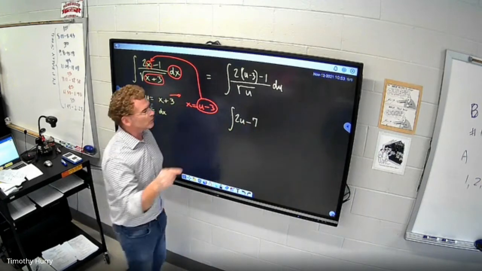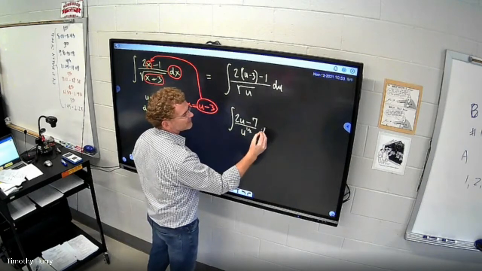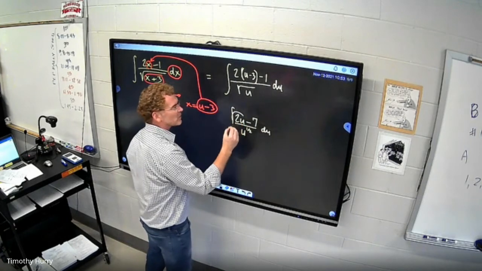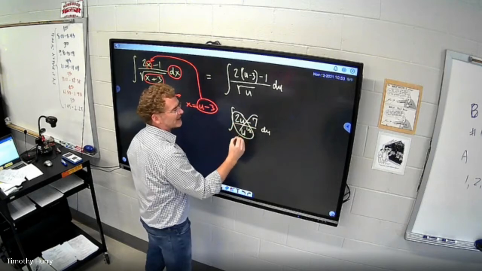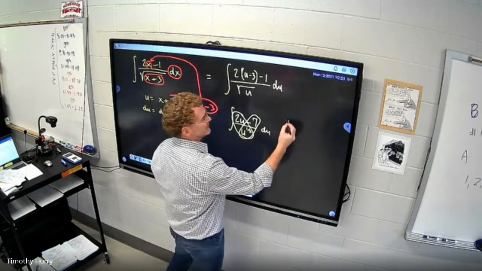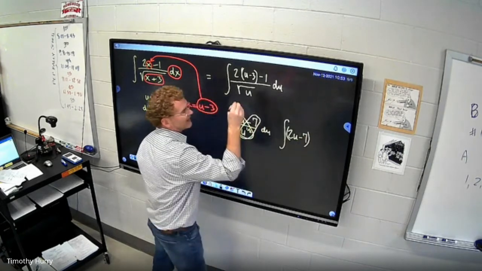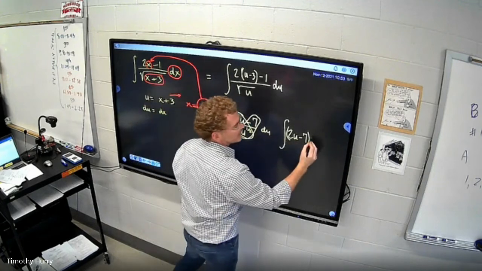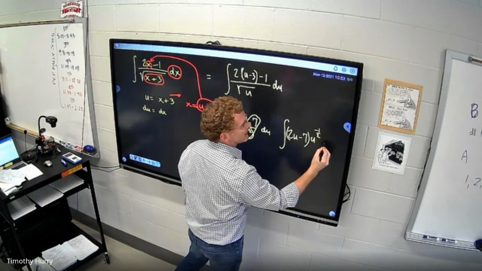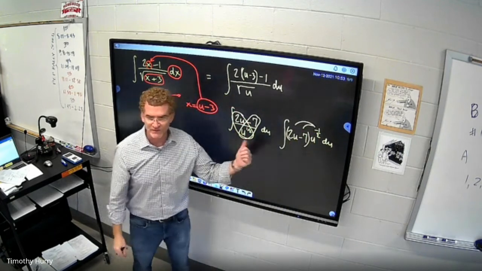You tell me, would you rather deal with a u to the 1/2 in the denominator and then think this way? How do I divide by like bases? Or would you rather think this way? A 2u minus 7 and take that u to the 1/2 in the denominator and make it a u to the negative 1/2 in the numerator and distribute it in. Would you rather think this first way or the second way?